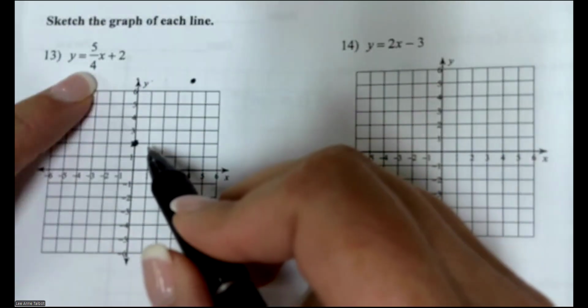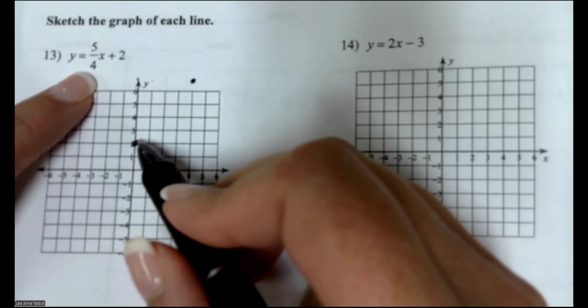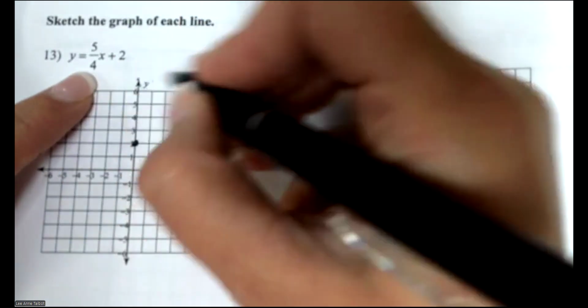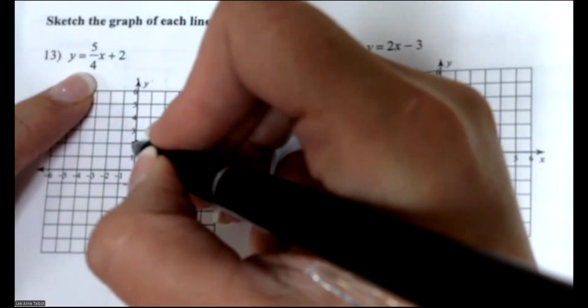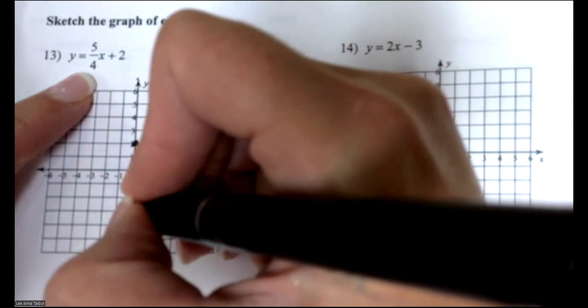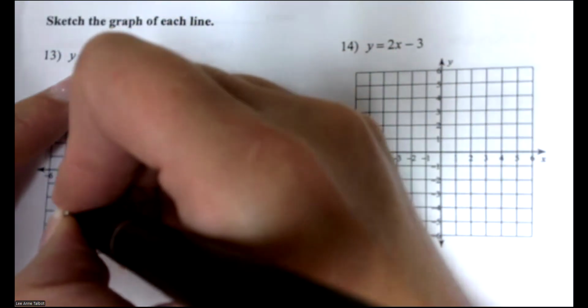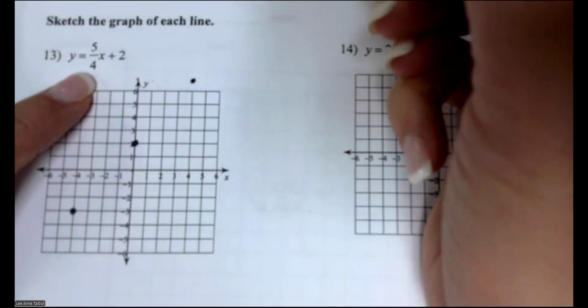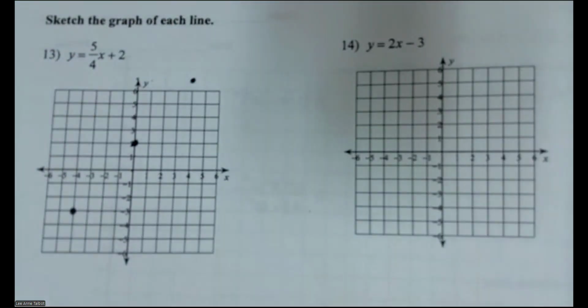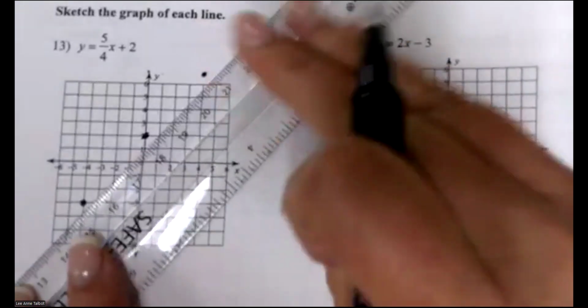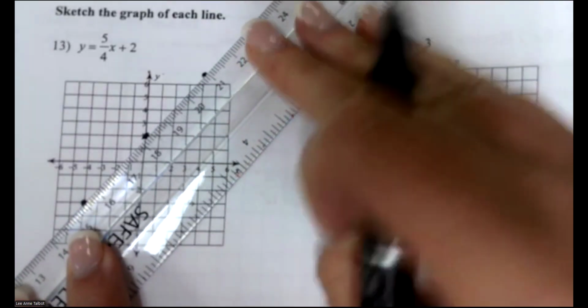But what I really want you to do is to be able to develop the skill of backtracking. So up 5 over 4 would be the same thing as down 5, back 4. It's kind of line up.